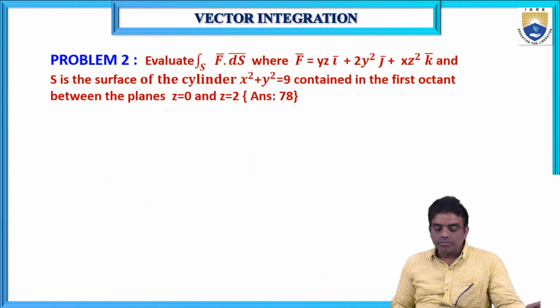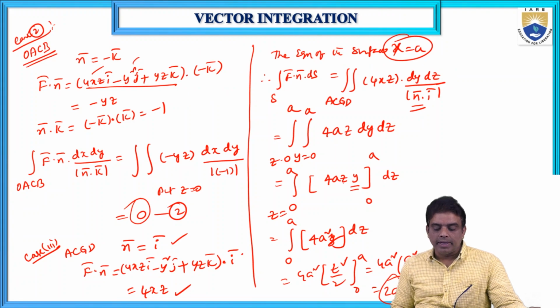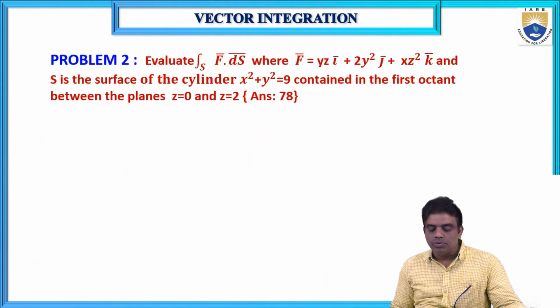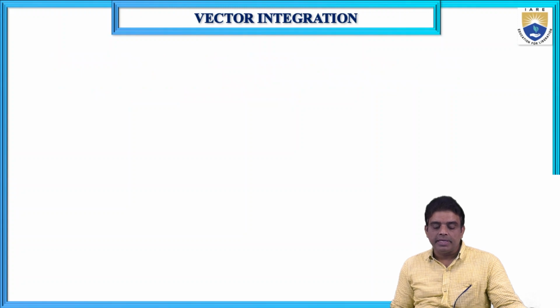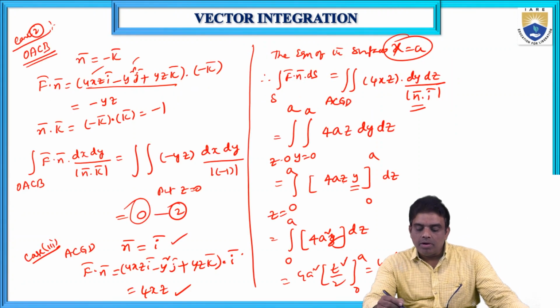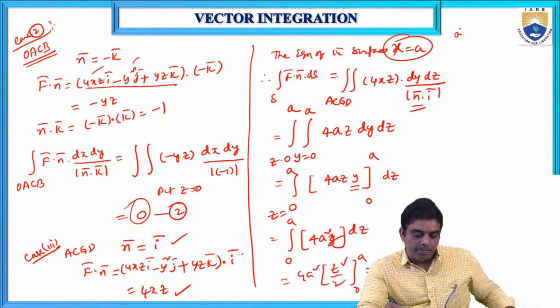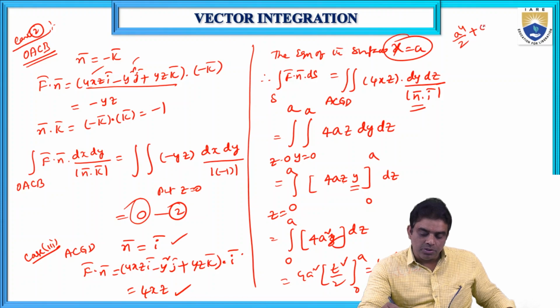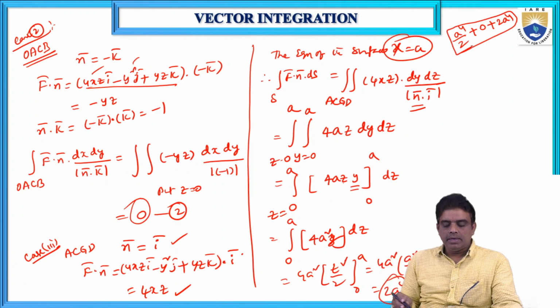Then we have to go to the next surface. The first value is a power 4 by 2, the second surface is 0, and the third surface is 2a power 4. I will keep them in mind and erase it.